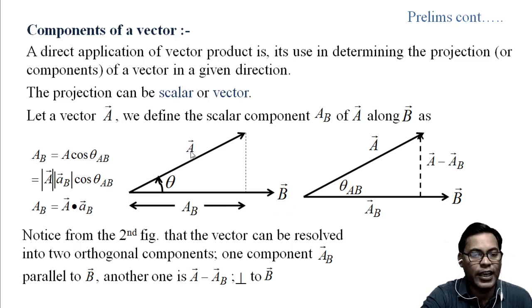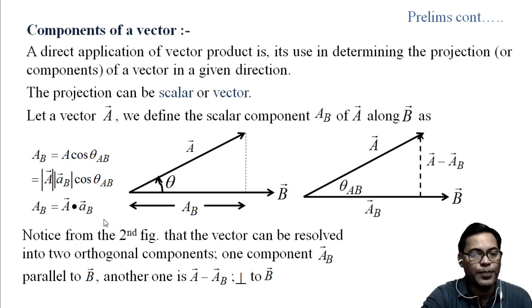Here the scalar component we have considered is A_B, and this A_B can be calculated as A into cos theta_AB. Here theta_AB represents the angle between A and B.